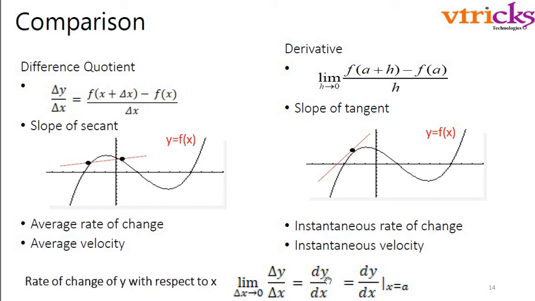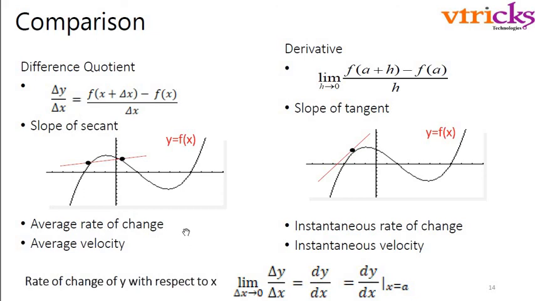Now this is the slope of the tangent at the point x equal to a. So when we take dy by dx at x equal to a, it is the value of the derivative at a particular instance a. So the slope of the tangent is nothing but the rate of change at an instance x equal to a. So this is called the instantaneous rate of change or the instantaneous velocity. So now note this, that when we find dy by dx, it ends up as some function of x.